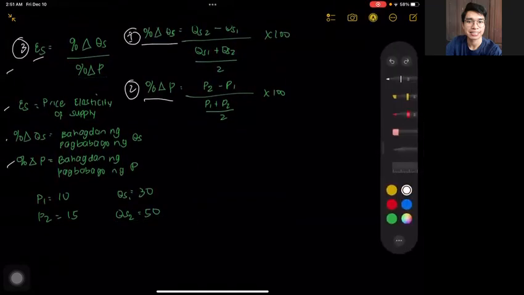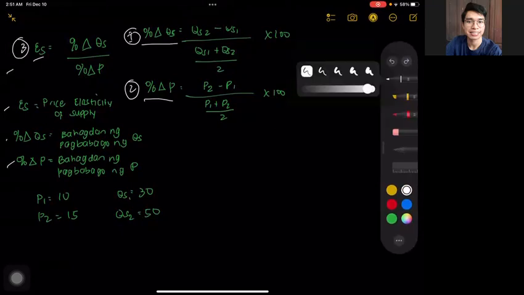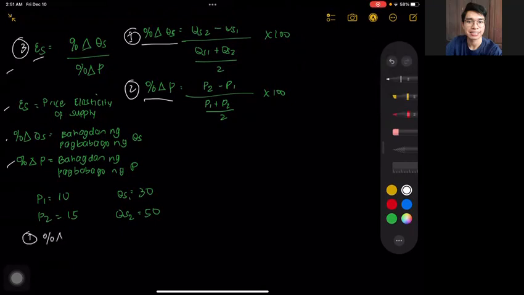So para makuha natin yung percentage change of QS, siguro i-rewrite na lang natin yung formula para mabilis. Percent change of QS is equals to QS2 minus QS1 divided by QS1 plus QS2 divided by 2 times 100.